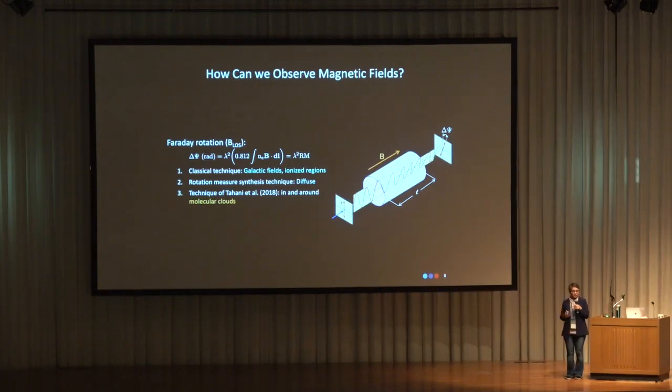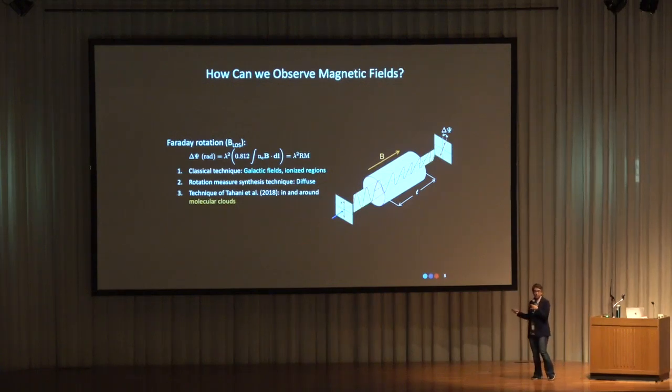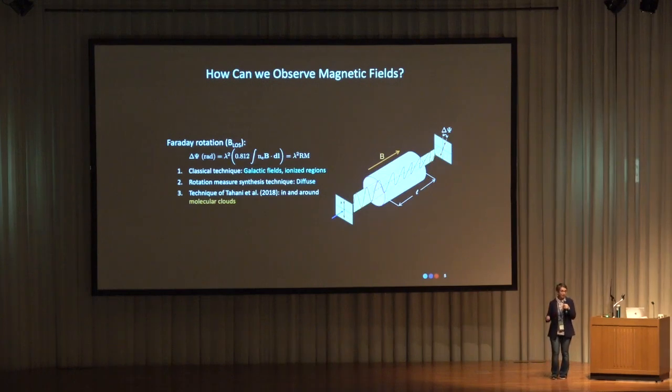Three main techniques can be used to apply Faraday rotation to determine magnetic fields in interstellar regions.